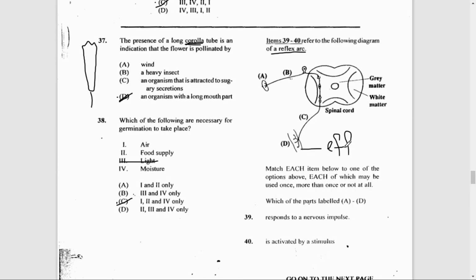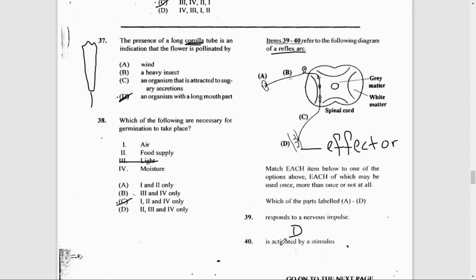So if it's a muscle, it would either contract or relax. If it's a gland, then it would either secrete chemicals into the blood like hormones, or not secrete chemicals into the blood. So the answer for 39 is D. That's the one that responds.